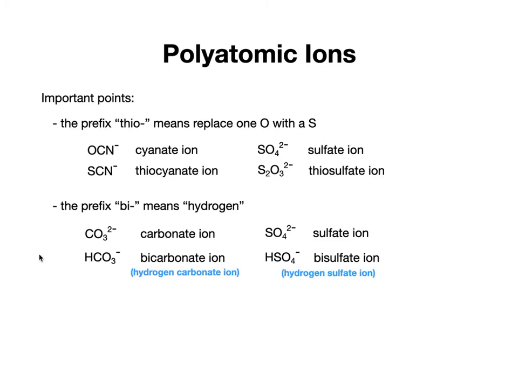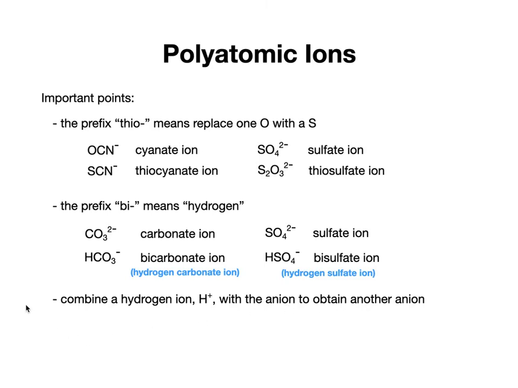So what's happening here, class? What we're really doing is we're not just adding a hydrogen, we're adding a hydrogen ion. Okay, we're combining a hydrogen ion with the anion to give another anion.